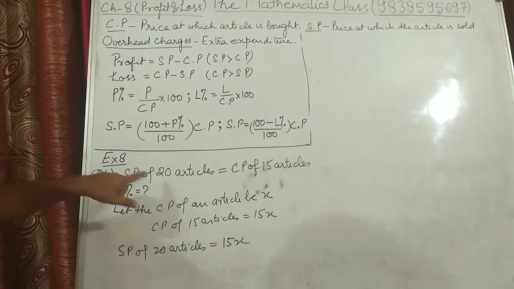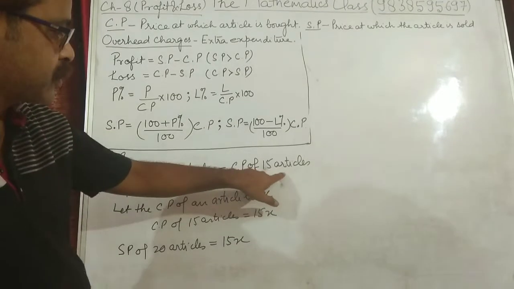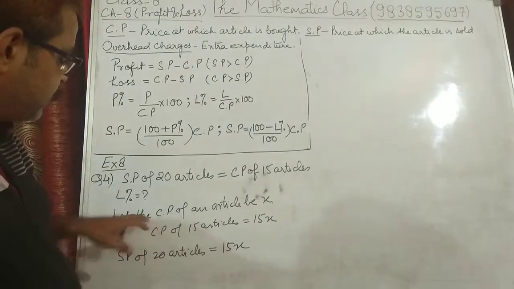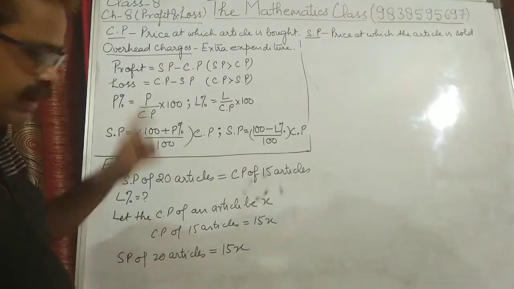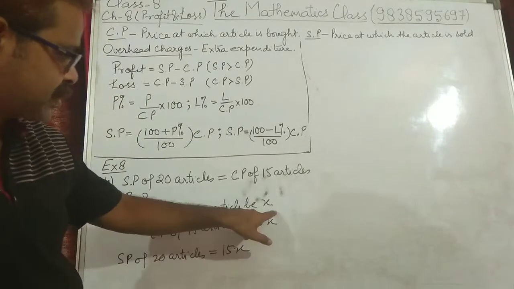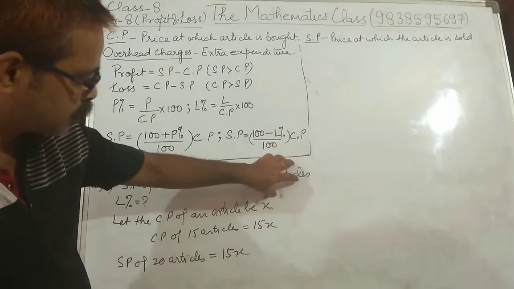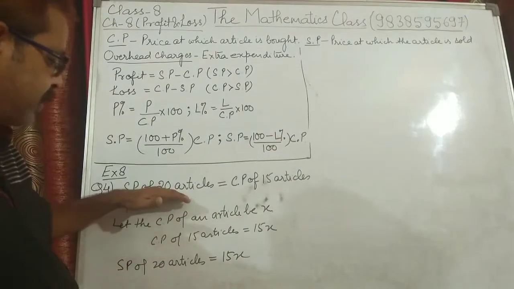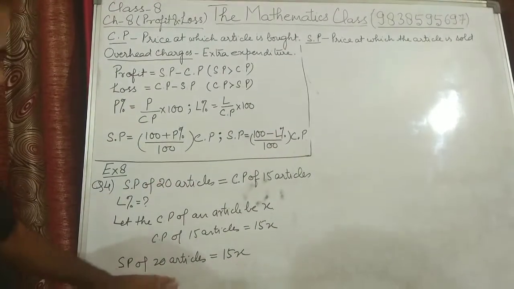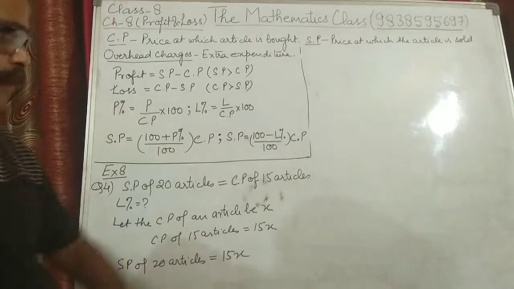What we did, we assumed that let cost price of one article be x, so cost price of 15 articles will be 15x. But since this total value is equal to selling price of 20 articles, so selling price of 20 articles is also 15x.